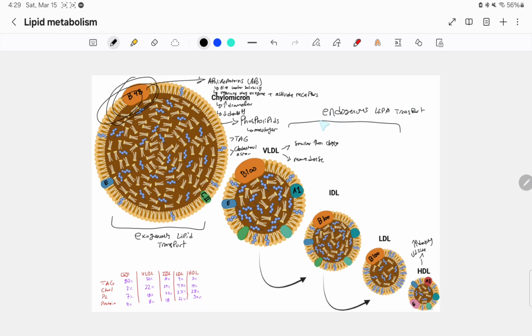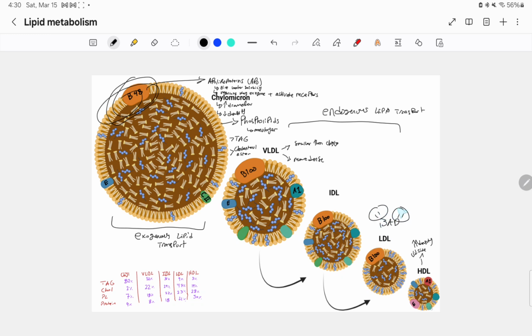You'll see that any endogenously made lipids from the liver are going to get packaged into the VLDL molecule, and this VLDL will be secreted from the liver and will be metabolized eventually into an IDL and then an LDL. And you guys know that LDL gets a bad rep for being the bad cholesterol.